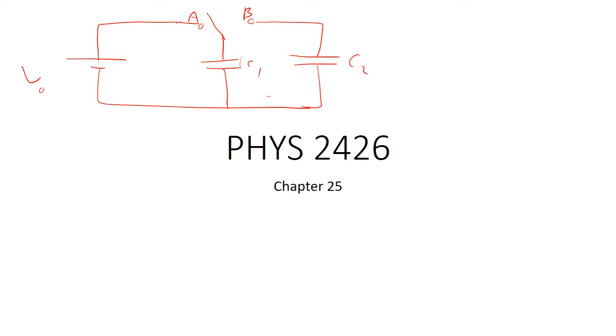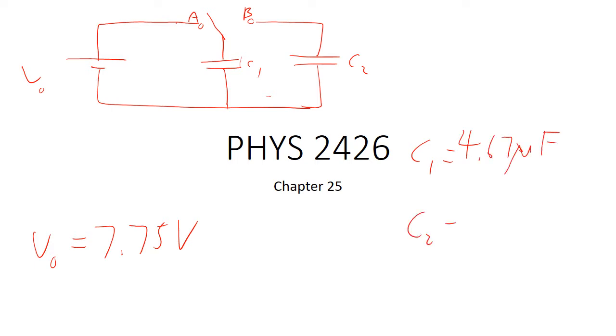Let's say that V0 here is going to be 7.75 volts. Let's say that C1 is going to be 4.67 microfarads, and let's say that C2 is 6.35 microfarads.